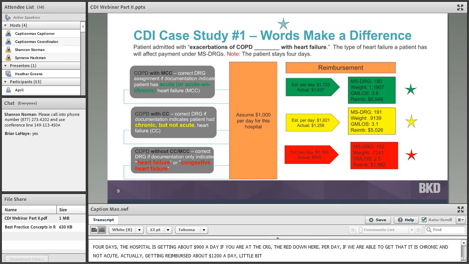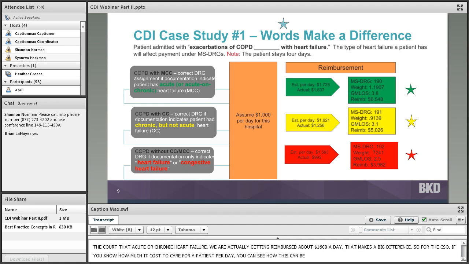Per day, if we're able to get that it's chronic and not acute, the facility is actually getting reimbursed a little bit more than $1,200 a day. And if the documentation and the clinical presentation support that the patient has acute or acute on chronic heart failure, we're getting reimbursed about $1,600 a day. That makes a big difference.